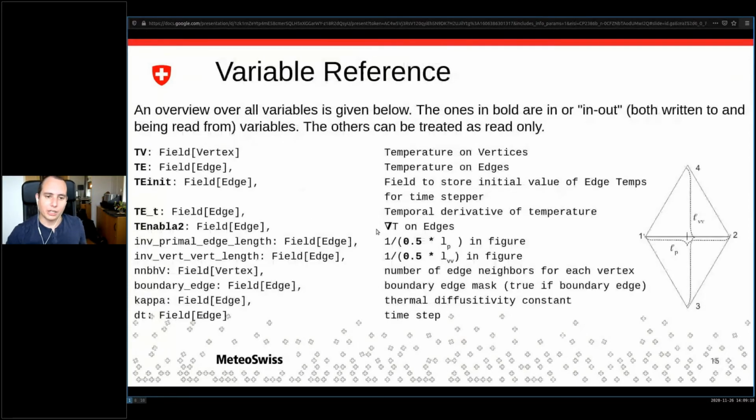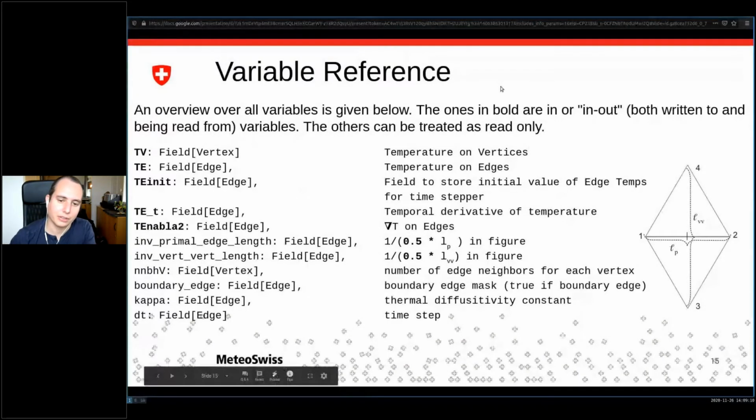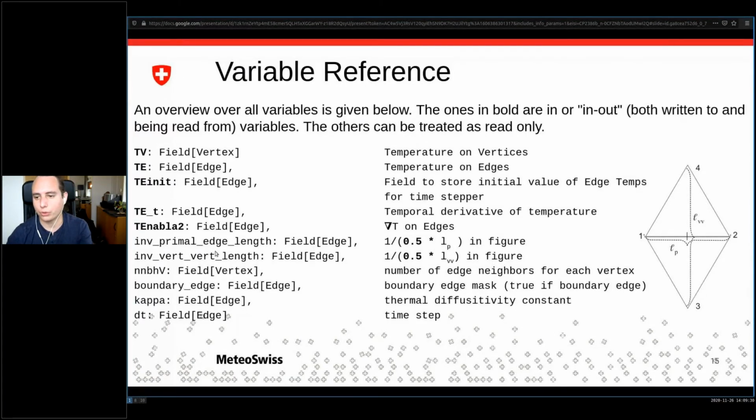Okay, here again you have a reference slide where all variables are explained to you. And one thing I would like to bring to your attention is that the inverted vertex and edge length fields, which are supposed to represent these lengths, have been divided by 1/2 for you.